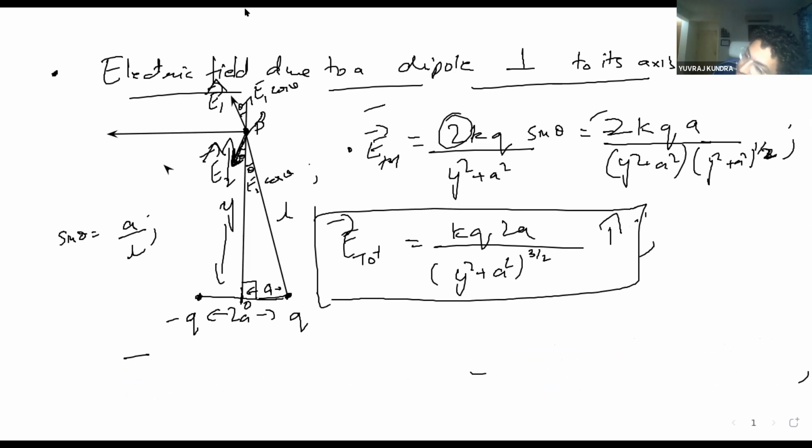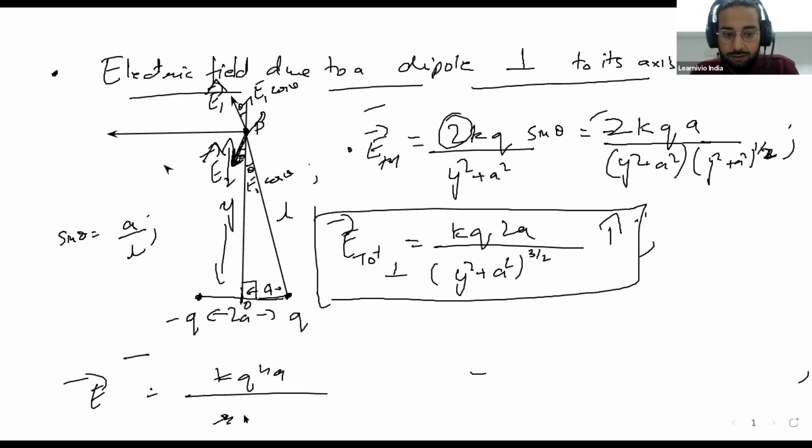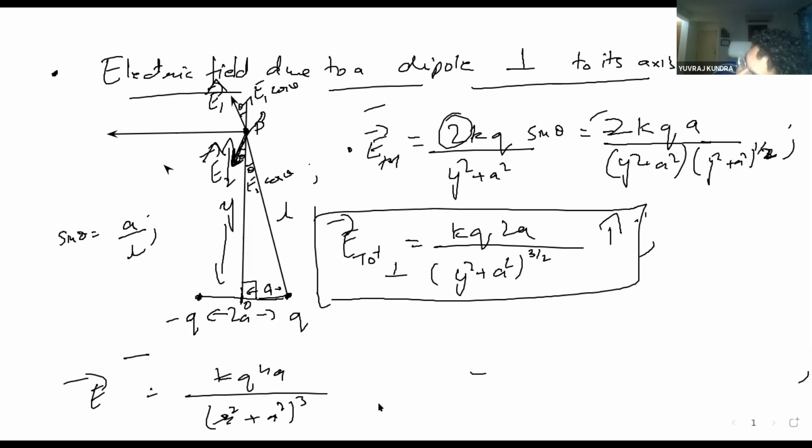So E net is equal to kq 4a upon r cap, r square plus a square whole cube, right? What were we getting?